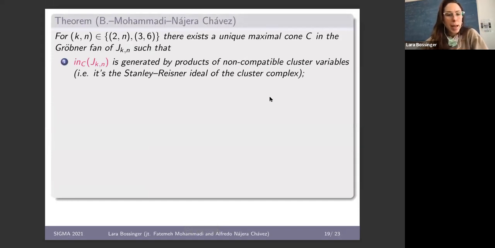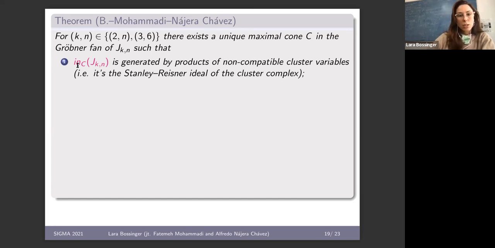There exists a unique maximal cone in the Gröbner fan of this ideal, whose initial ideal is generated by all non-compatible cluster variables. Non-compatible here means these are products of cluster variables that never appear in a seed together. So for the Grassmannian 2n, this is generated by all products of cluster variables or Plückers that correspond to crossing arcs in the n-gon.